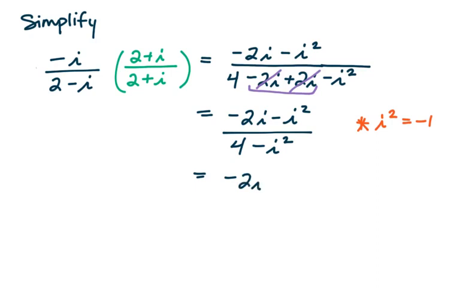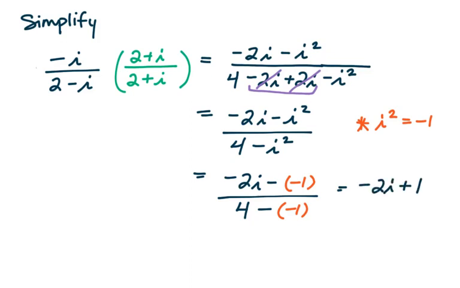That would be negative 2i minus -1 over 4 minus -1. In the numerator, negative 2i plus 1. And in the denominator, we end up with 4 plus 1, which is 5.